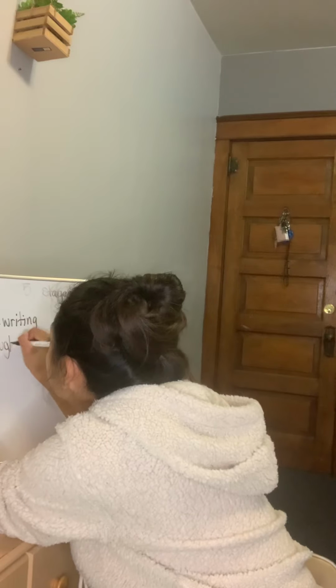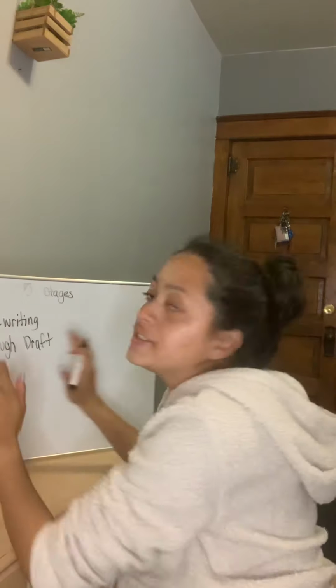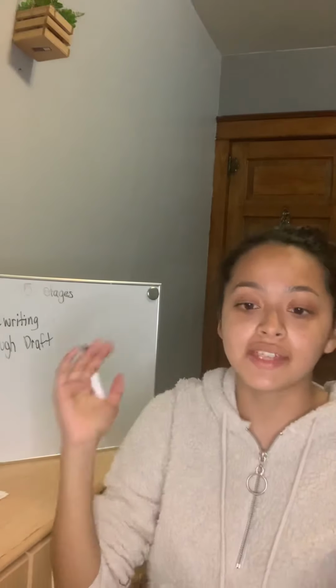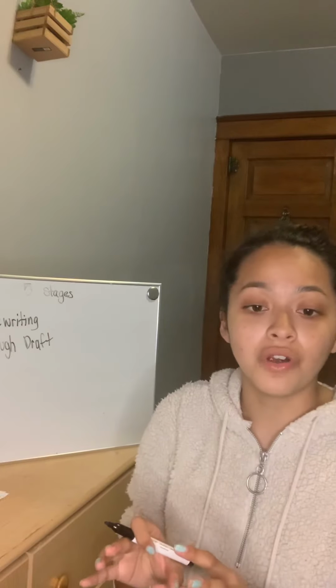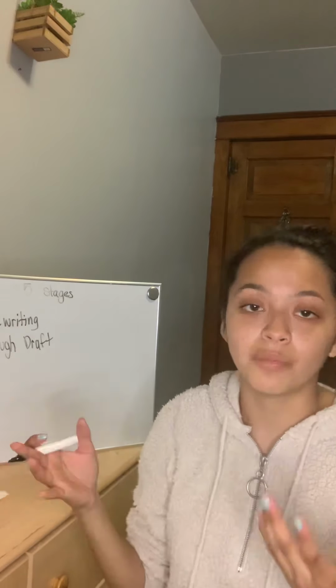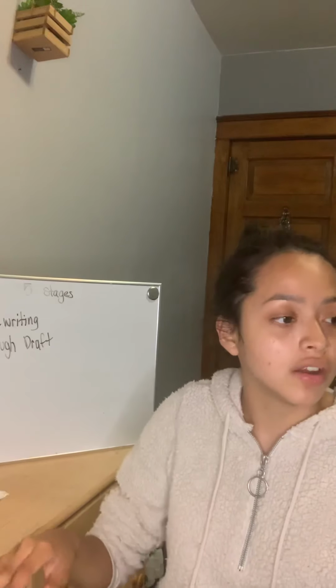So the second stage in writing is the rough draft. The rough draft is where you put your ideas in a narrative form. Here are some rough draft rules. David, Eric, Kyle.